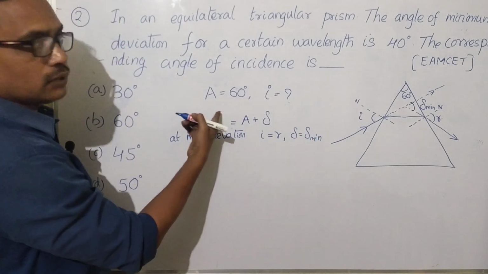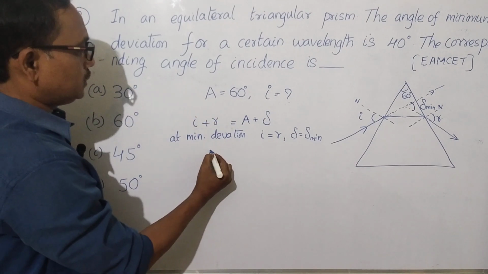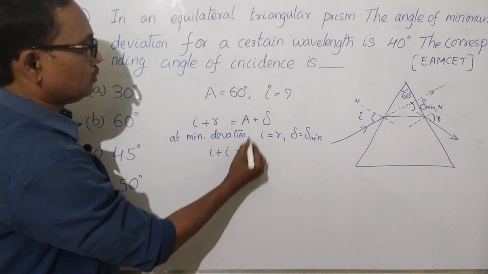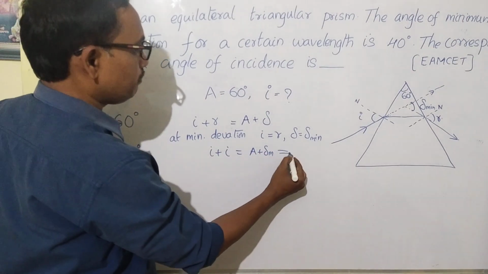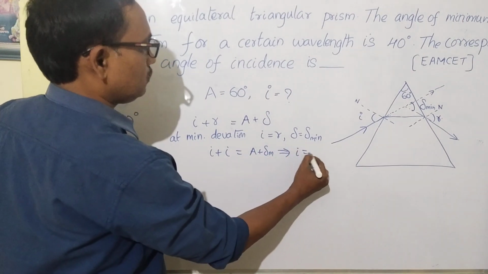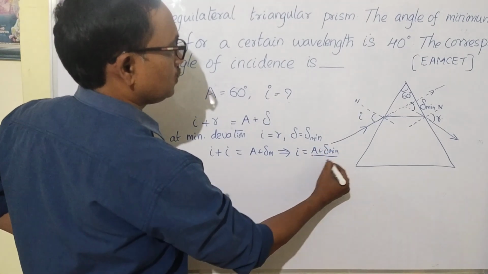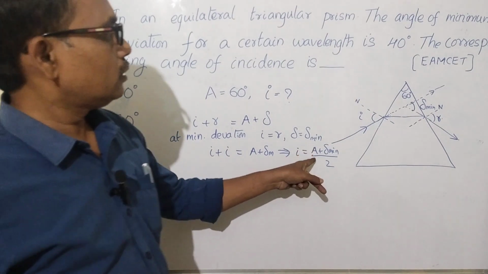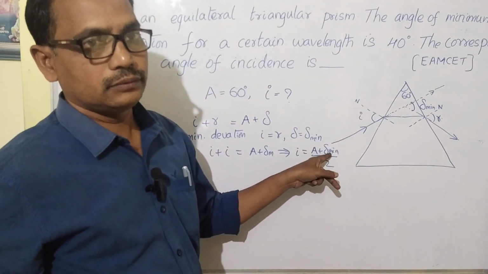Now substitute these values in this formula. Then I plus I is equal to A plus delta minimum. That implies I is equal to A plus delta minimum by 2, so half of the sum of the angle of the prism and the minimum deviation.